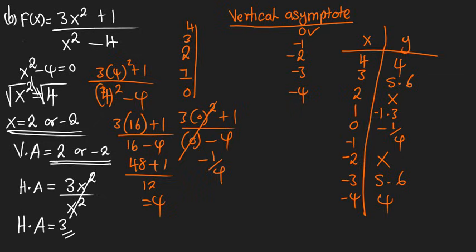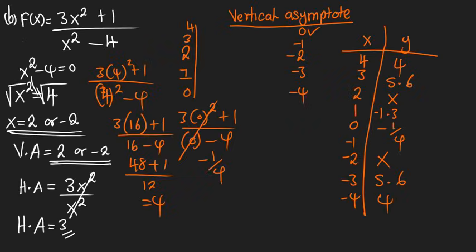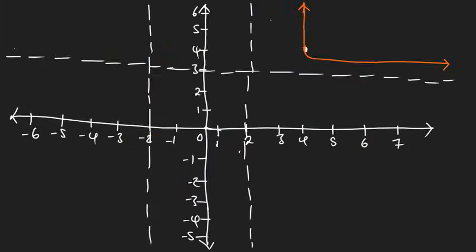2 is not there. 1 comma negative 1.3. Okay, that is, you go 1 comma negative 1.3. So 1 comma negative 1.3 is supposed to be here. Okay, so you shade that point.